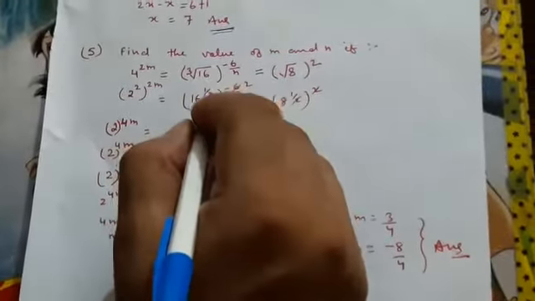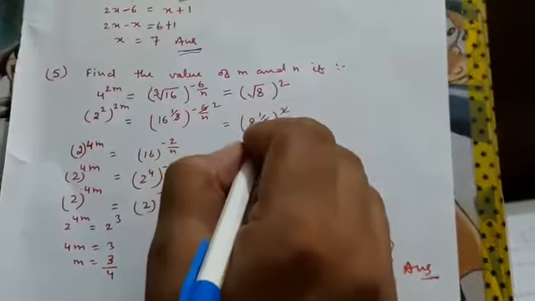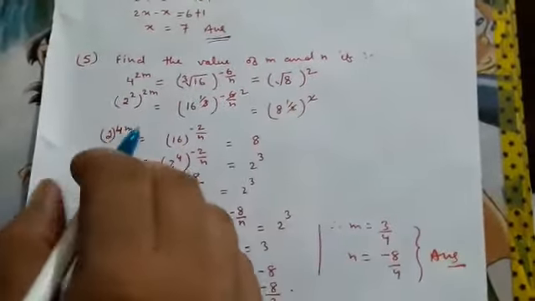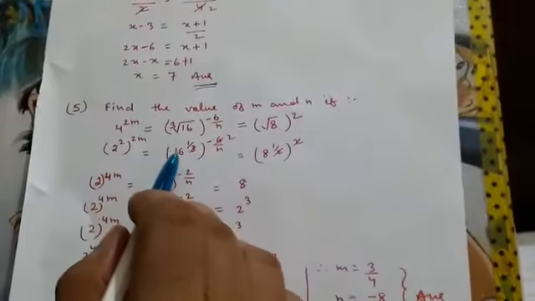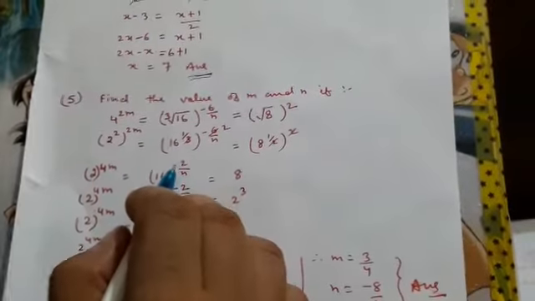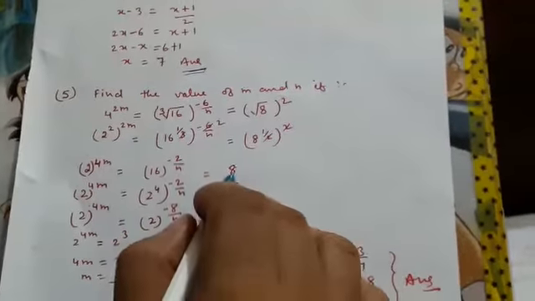Now this 3 and 6 will cancel out, 3 twos are 6, and this 2 will cancel out. So what remains here is 2 power 4m equals 16 power minus 2 by n equals 8.